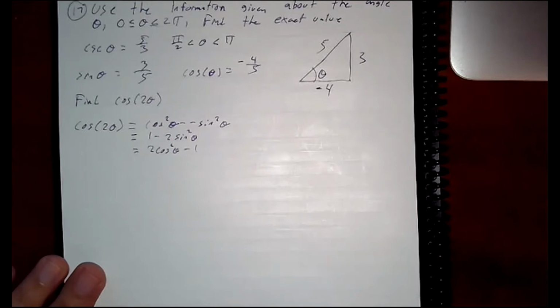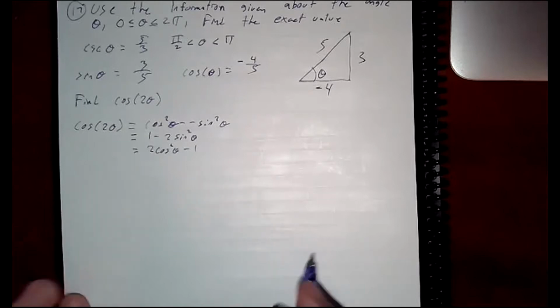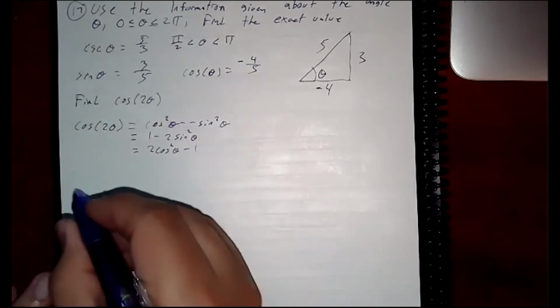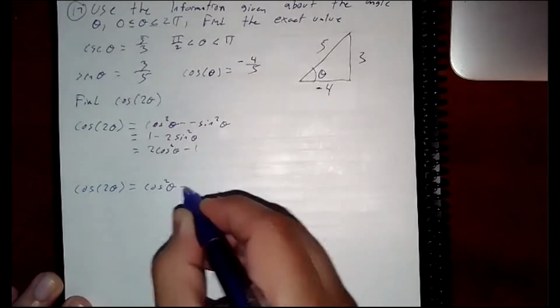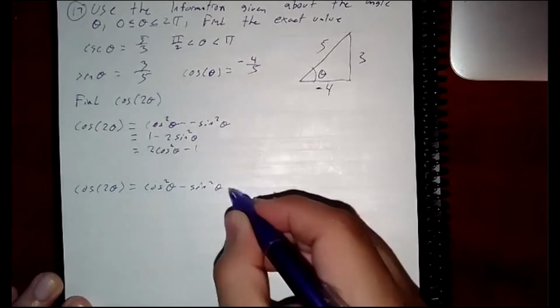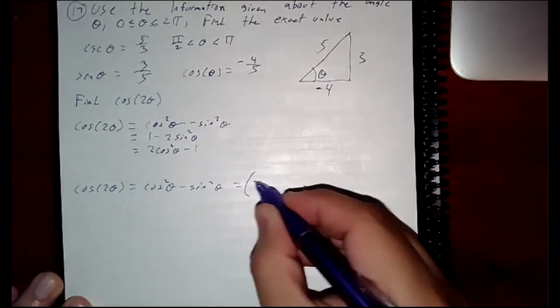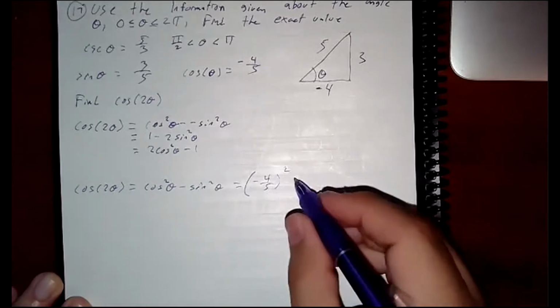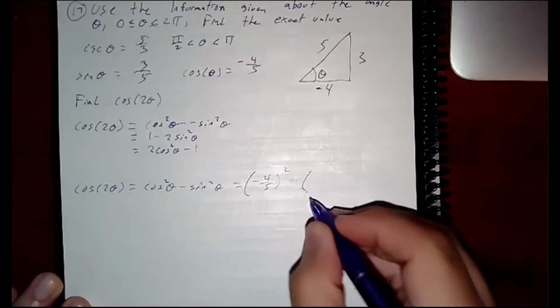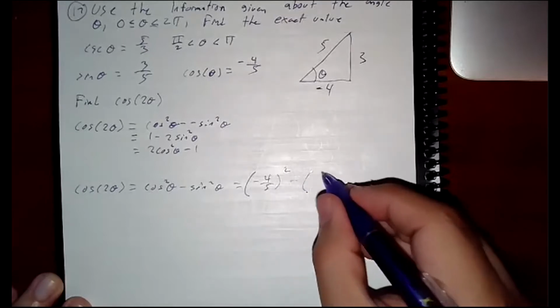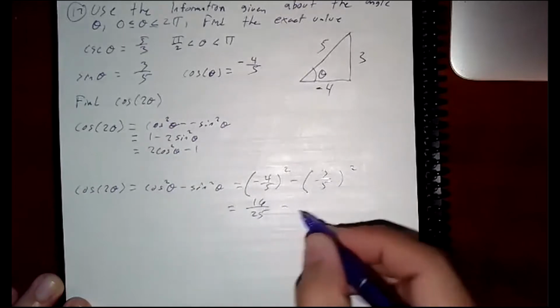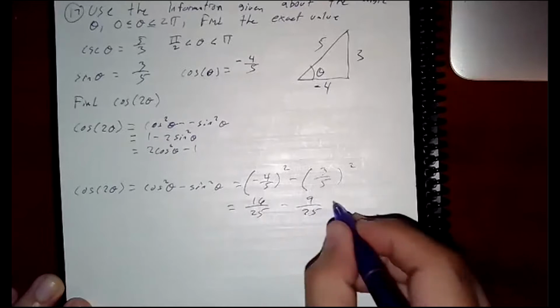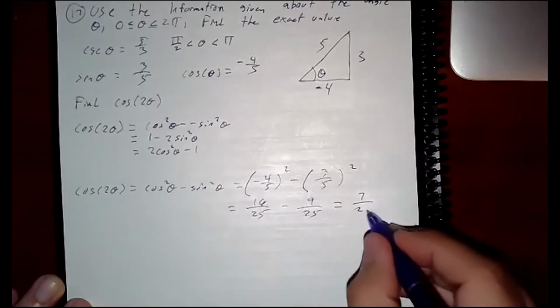Okay, so I'm going to use the top one, since I have both already. So cosine 2 theta is equal to cosine squared theta minus sine squared theta, which would be negative 4/5 squared minus 3/5 squared, which is 16/25 minus 9/25, which would be 7/25.